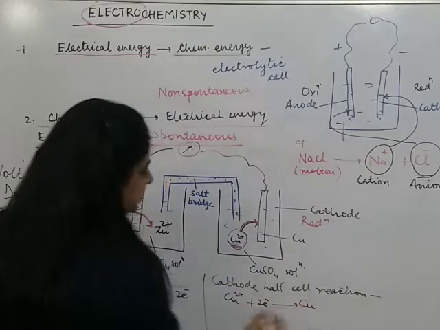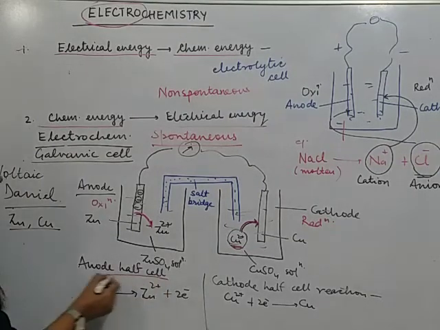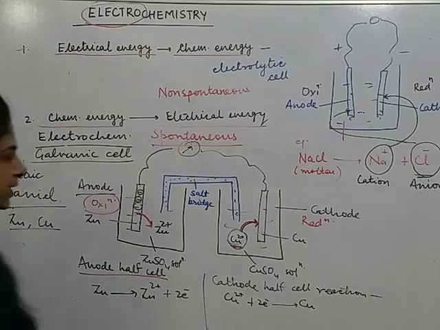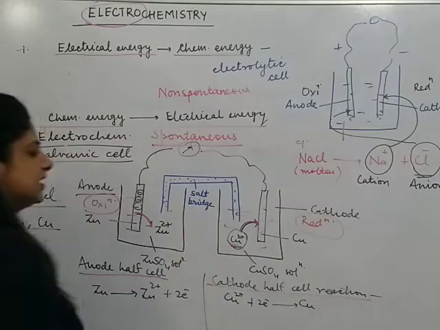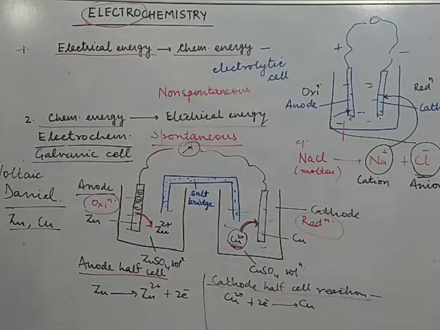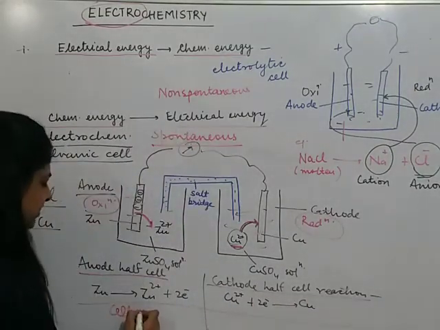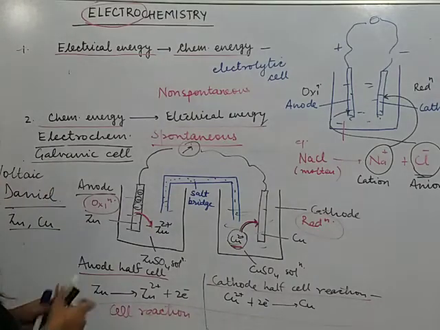to copper metal. So as we said, in anodic half cell oxidation is taking place. In cathode half cell reduction is taking place. What if we add both of them? We will get the cell reaction, the net cell reaction, which you can get by combining these two.